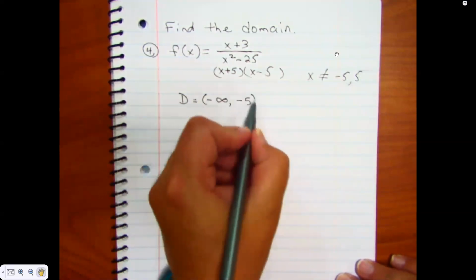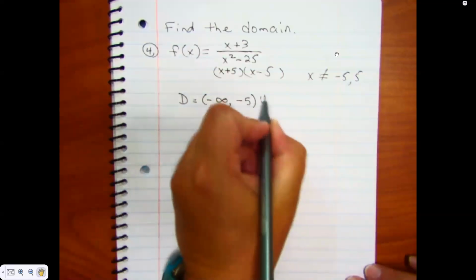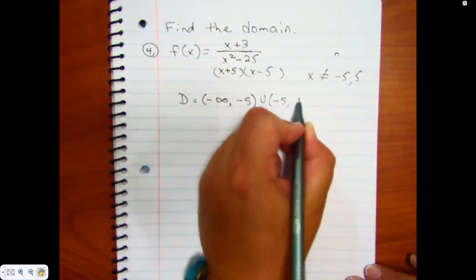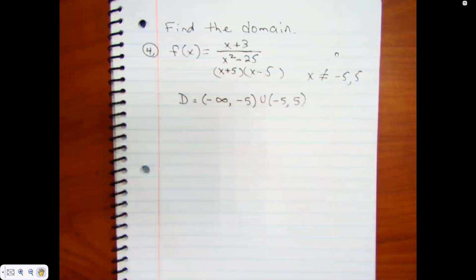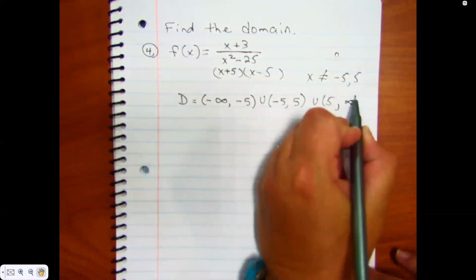You do not want to include -5 because that's our problem. And then we want to go right after -5 to 5. Again, all parentheses. Brackets include the number, and that's the only number we want to toss, -5 and 5, and then 5 to infinity.